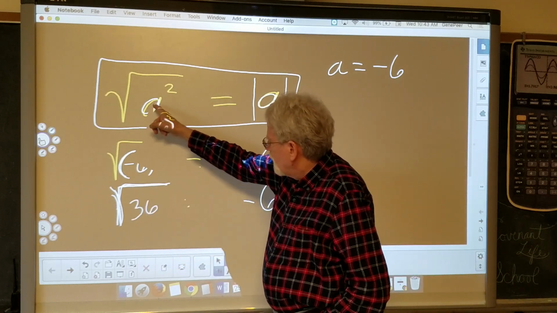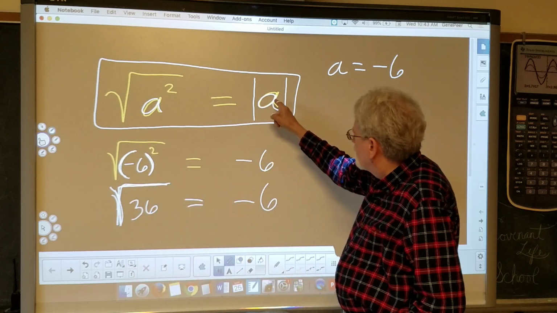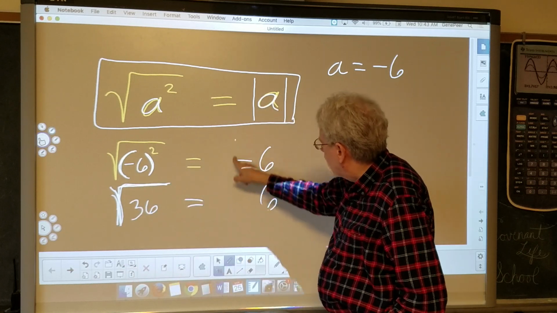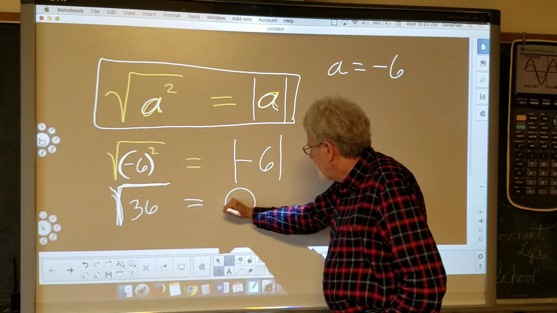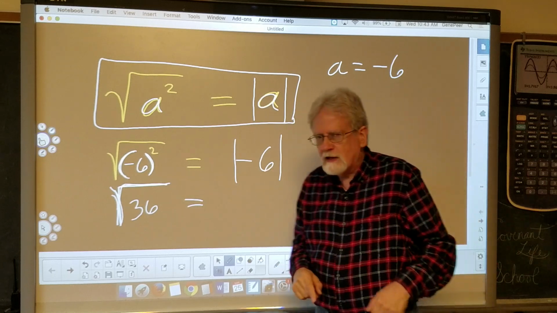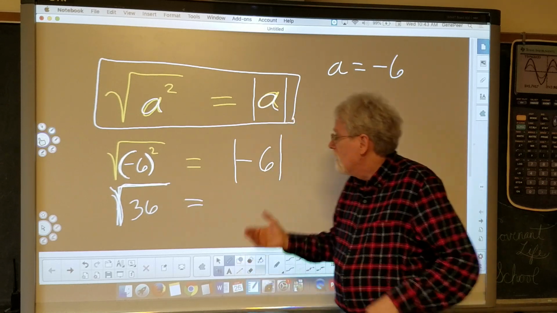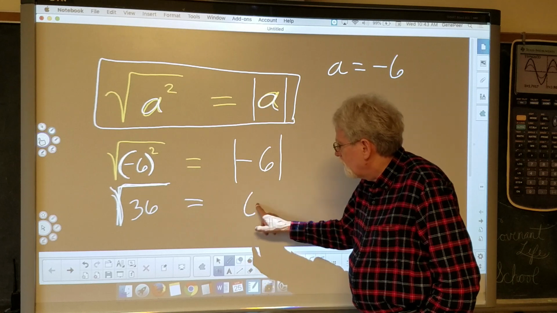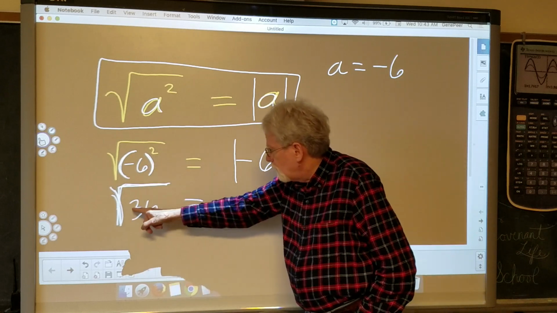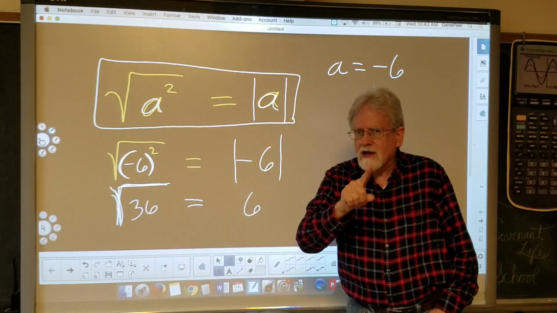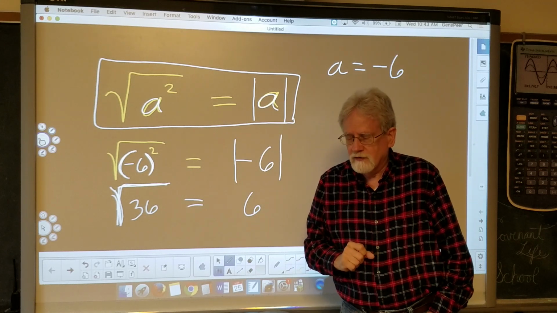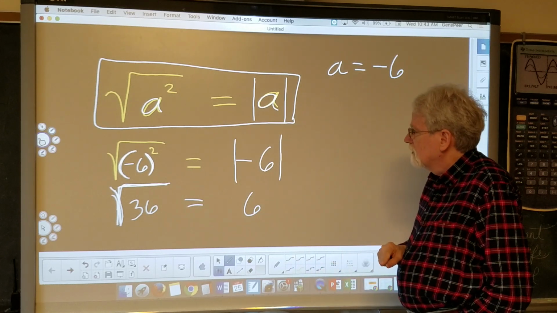That means I change the a to a negative 6 here, but I take the absolute value. Now what happens? What is the absolute value of negative 6? I'm sure you remember how that works. Absolute value of negative 6 is 6. Is the square root of 36 equal to 6? Yes. Now it works.